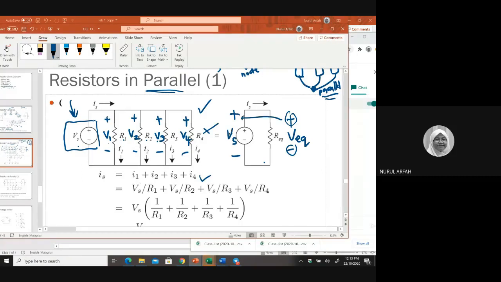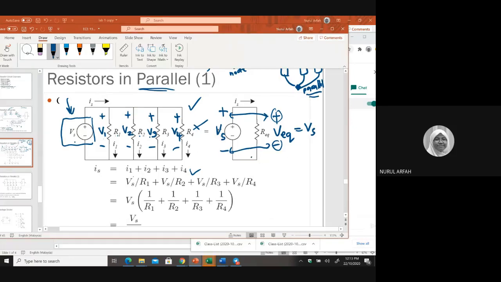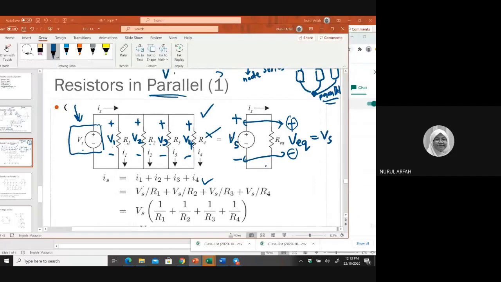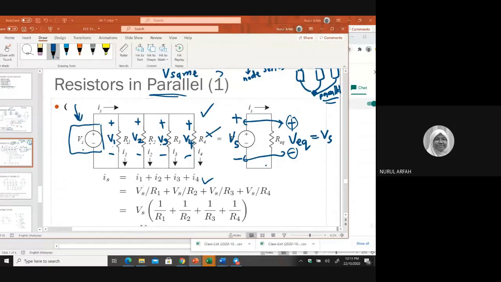Are they the same? Plus sign? Yes. This one's the same, right? So V equivalent should take the same as the source. So far so good. I hope this is clear, but just bear in mind that in parallel the voltage is the same across all resistors.